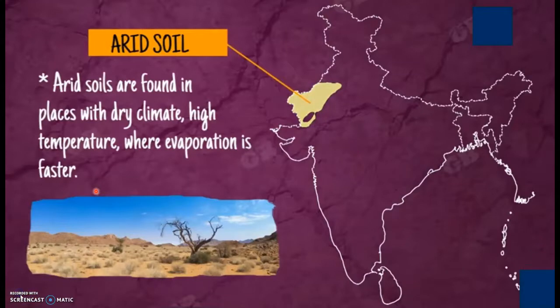Arid soils are found in places with dry climate, high temperature, where evaporation is faster. So children, we find arid soil mainly in western Rajasthan due to the dry climate of this particular state.